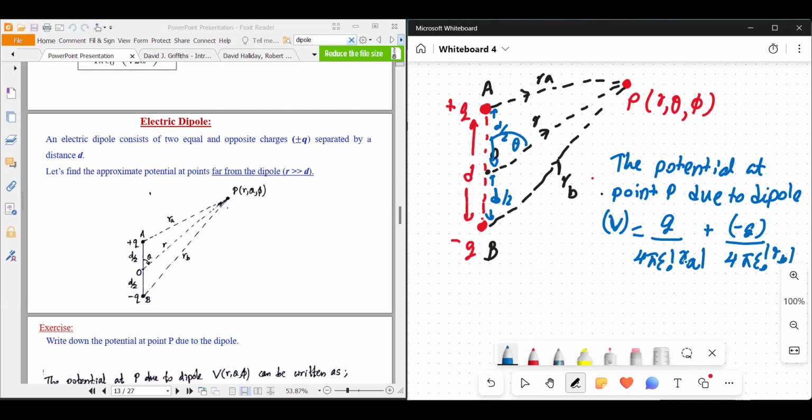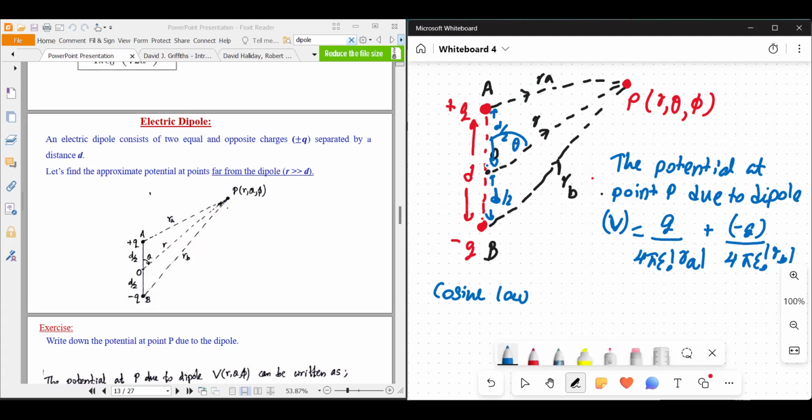Now we need to calculate RA and RB. Let's say this R is also given, then we can use the cosine law to calculate the RA and RB values. In the cosine law, the length facing this angle is RA.